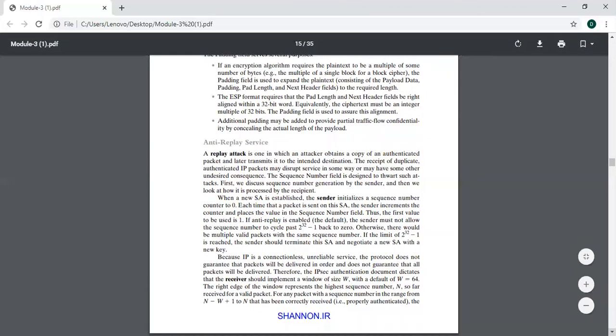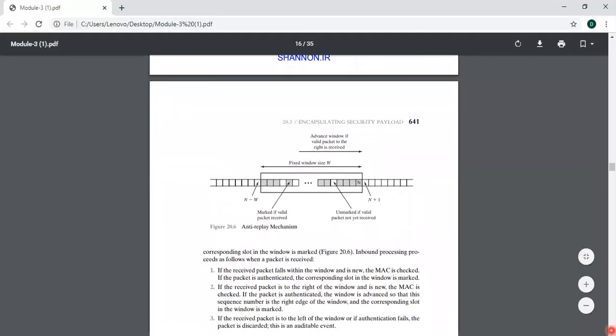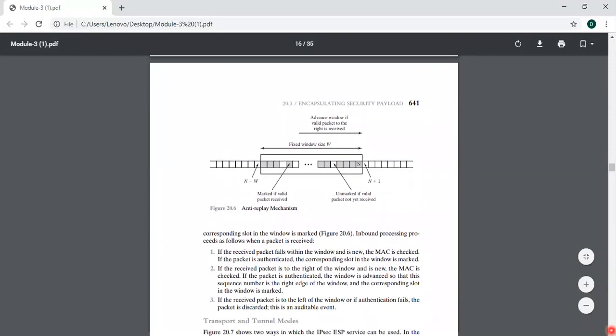This is explained with the diagram. You can see this is the anti-replay mechanism. In the diagram it has a fixed window size W. If the received packet falls within the window and is considered new, then the MAC, the message authentication code, is checked.